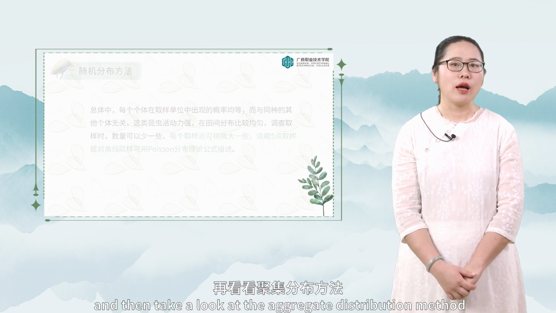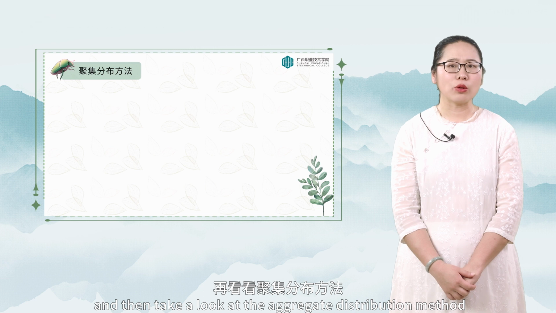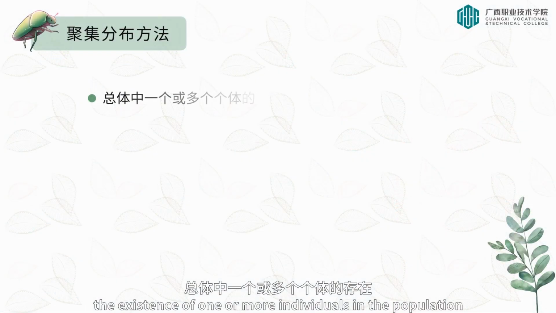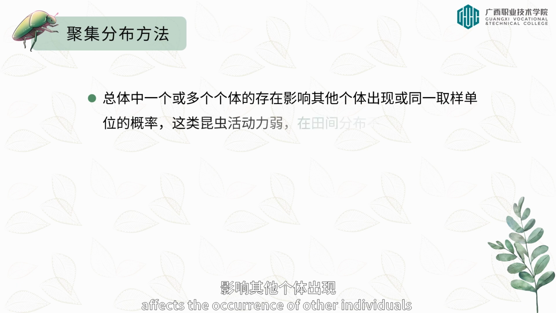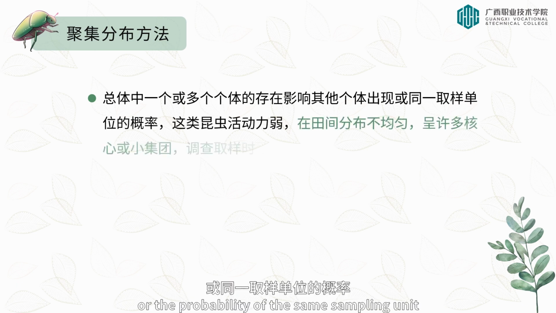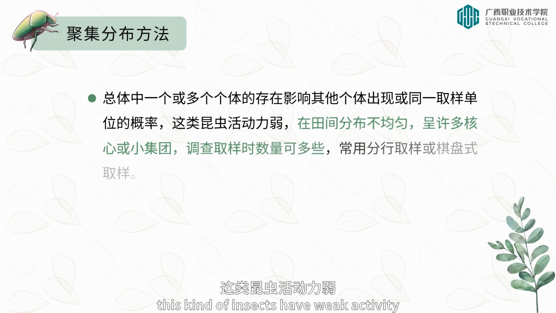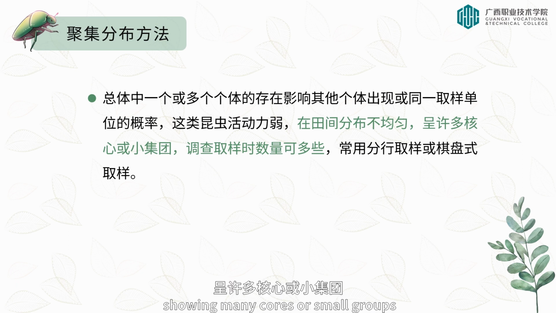And then take a look at the aggregate distribution method. The existence of one or more individuals in the population affects the occurrence of other individuals, or the probability of the same sampling unit. This kind of insects have weak activity and uneven distribution in the field, showing many cores or small groups.